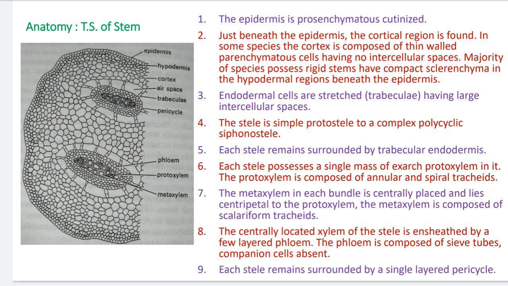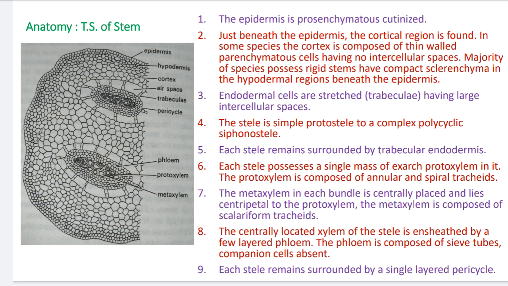Number 2. Just beneath the epidermis, the cortical region is found. In some species, the cortex is composed of thin-walled parenchymatous cells having no intercellular spaces. Okay, just beneath the epidermis there is a multilayered parenchymatous region called the hypodermis.